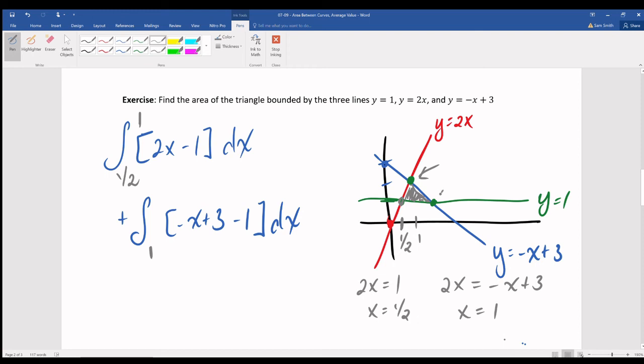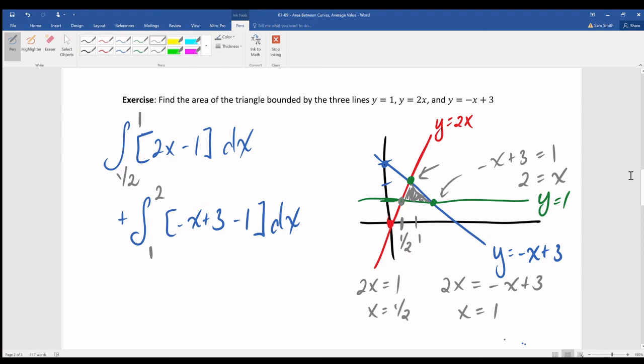Finally, we have this region of intersection between the green line and the blue line. That represents the end of the region. If I set negative x plus 3 equal to 1 to reflect that intersection, then I will get a value of 3 minus 1, or 2, equal to x. And that's the end of the region of integration.